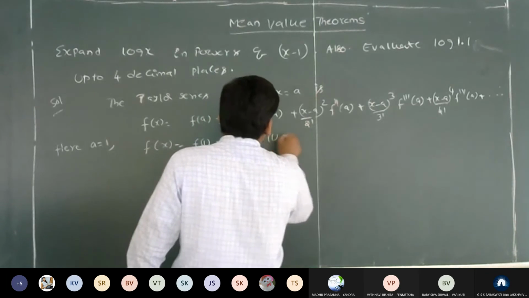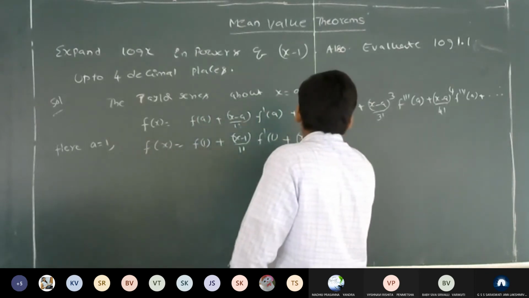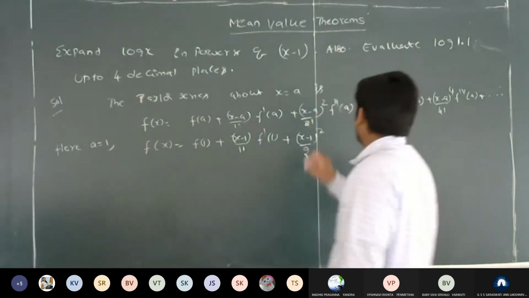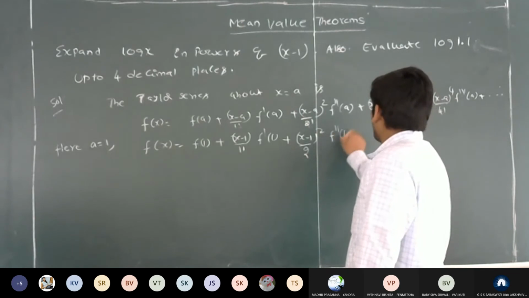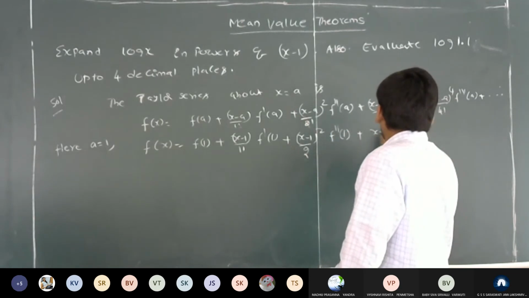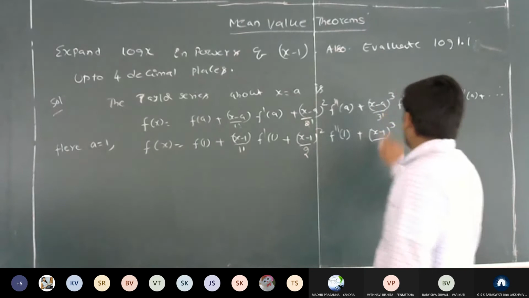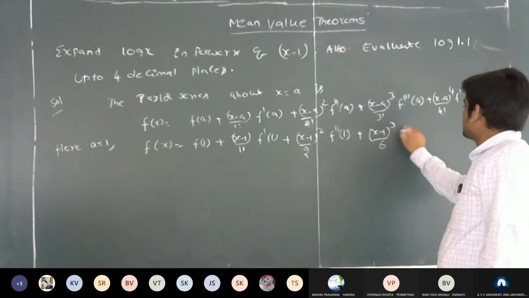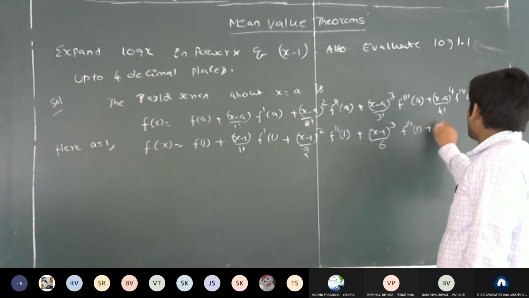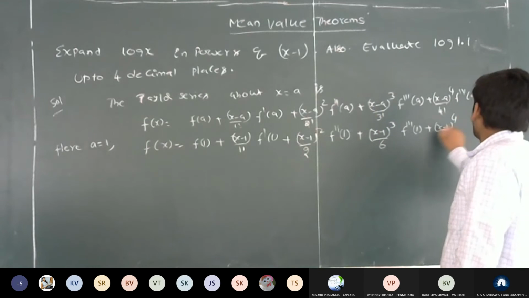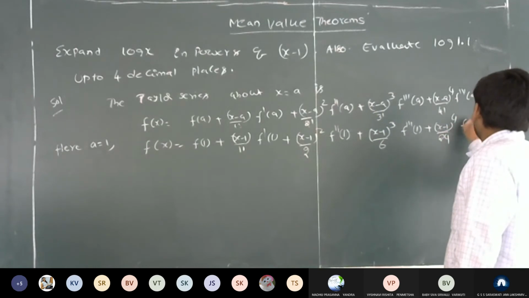So this is f dash of 1. Next, x minus 1 whole square by 2 factorial, which is 2. So this is f double dash of 1 plus x minus 1 whole cube by 3 factorial, which means 6. So this is f triple dash of 1 plus x minus 1 whole power 4 by 24. So this is f fourth derivative of 1 plus and so on.